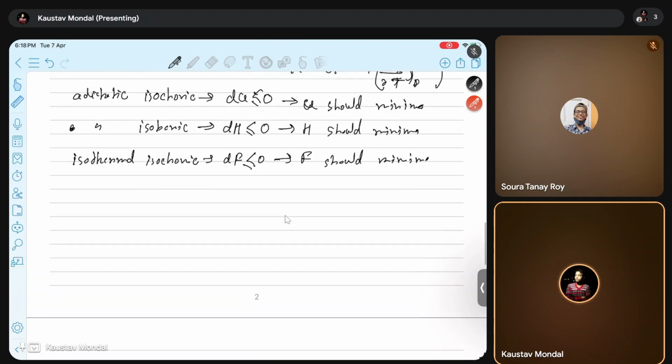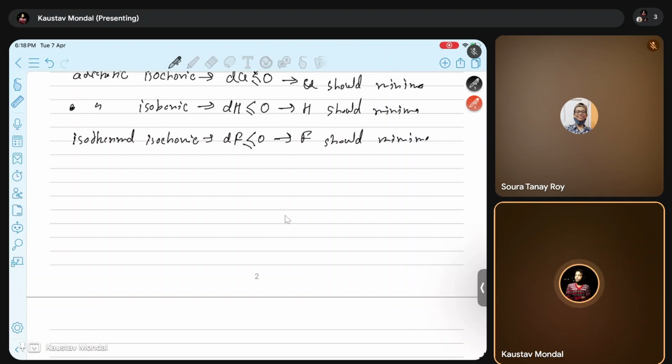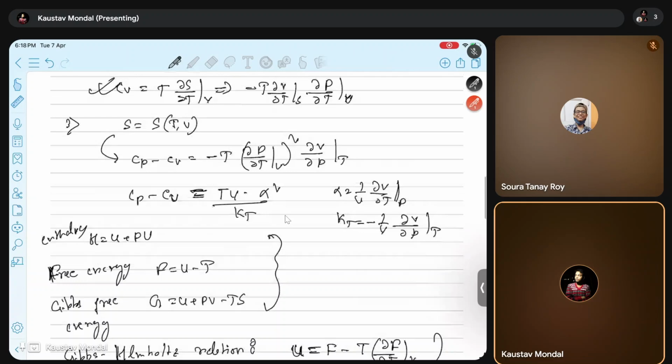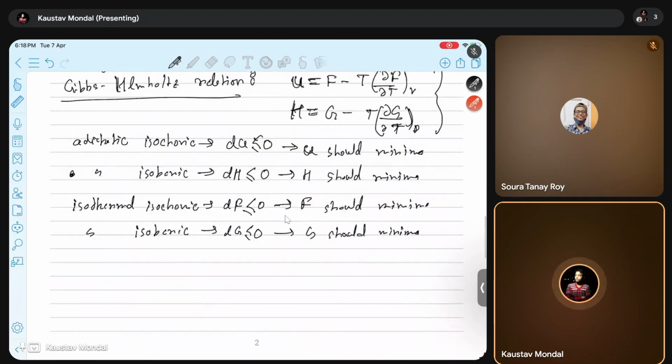And lastly, for isothermal and isobaric processes, dG should be less than 0, so the Gibbs free energy should reach a minimum. These are basically the conditions for those kinds of processes to occur spontaneously.